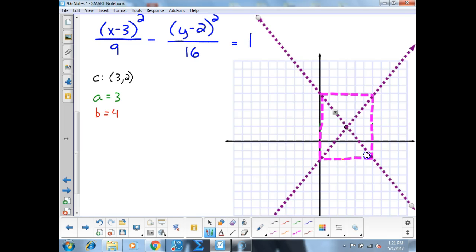Okay. Then what? Do I get those equations right away too? One asymptote is y equals 4/3 x minus 2. The other one is y equals negative 4/3 x plus 6.